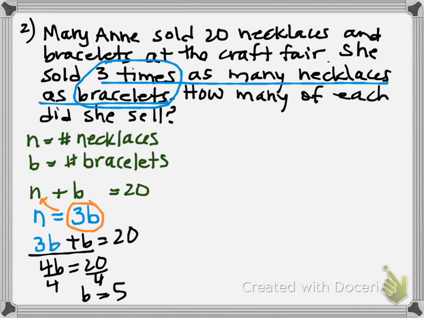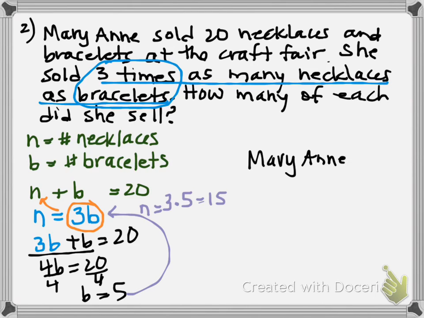So that's half of my answer. Then I need to figure out how many necklaces. So this is probably the easier of the two equations. The number of necklaces is going to be 3 times the number of bracelets, which is 15. So, wow, when a substitution's already ready to go, it's much faster to get that done. So we would say Mary Ann sold, let's see, 15 necklaces.